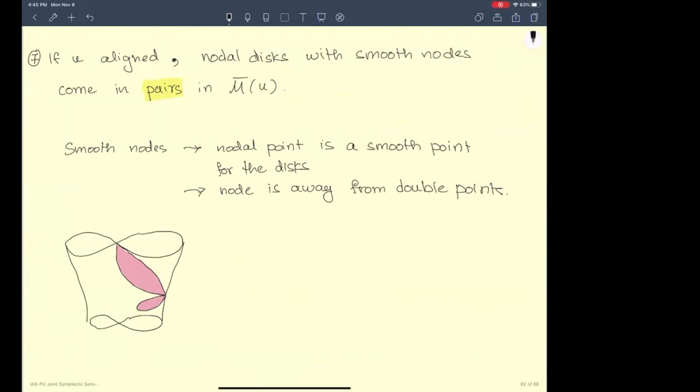And whenever things come in pairs, I can throw them out. My quest is still open because I need an even number of boundary points. By smooth node I mean a node away from this, something like that. And these will be smooth points for both of these disks. You can show that the nodes are as nice as the Lagrangian is.